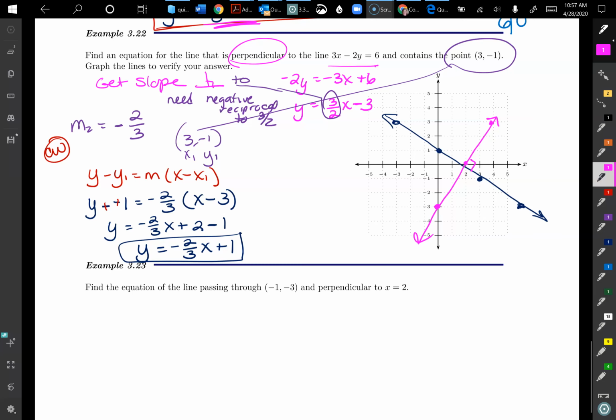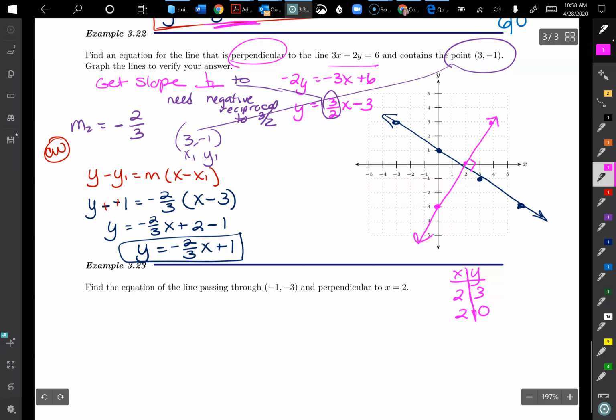Find the equation of the line passing through (-1, -3) and perpendicular to x equals 2. So we have kind of a little oddity here, because if x equals 2, that means I have a table kind of like this, like x is 2, y is 3, x is 2, y is 0. X is always 2 no matter what.